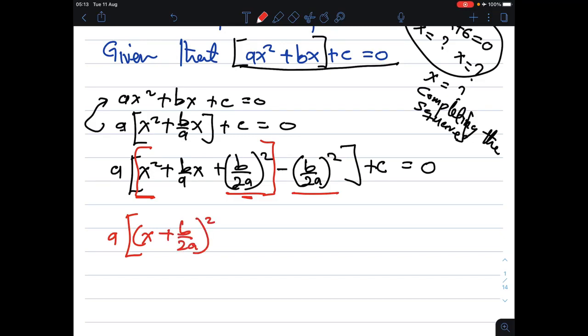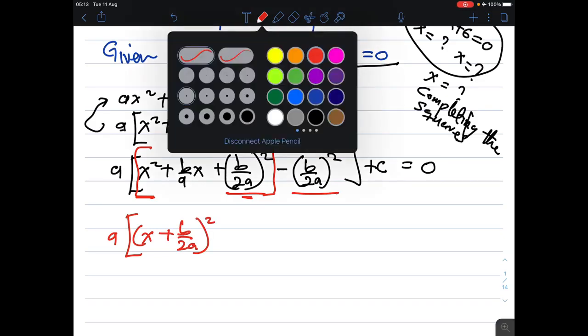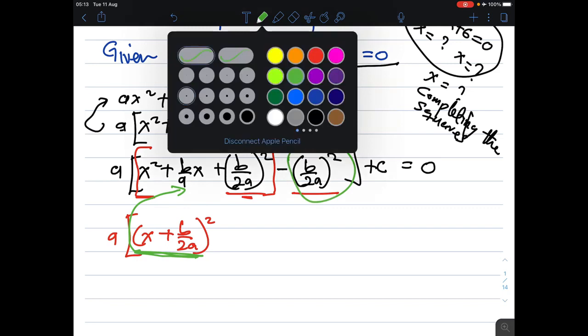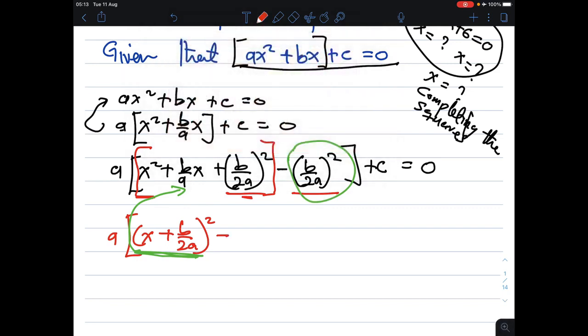Okay, so when you expand what we have here, you will get back this. You can give it a try and you see that that is true. Well, now let's deal with this one. So that will give us negative b squared over 4a squared plus c equals 0.